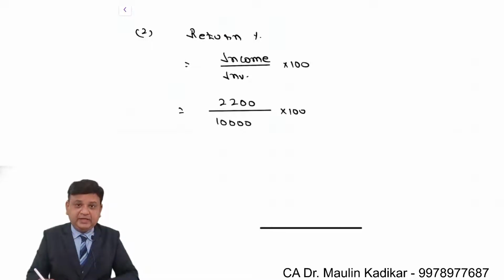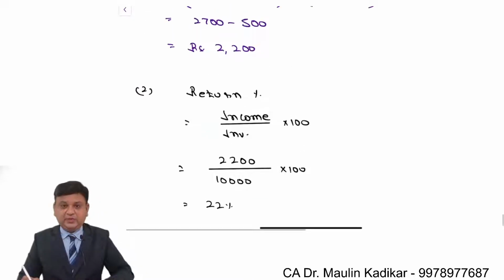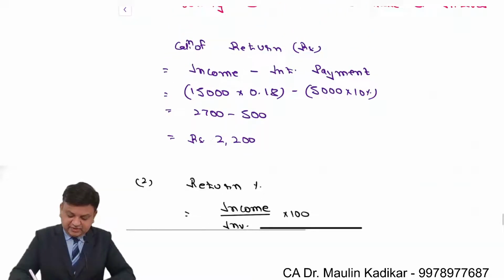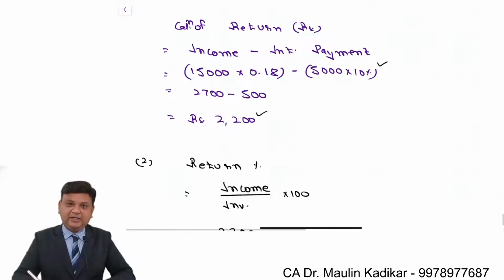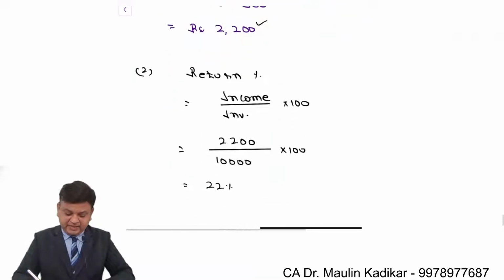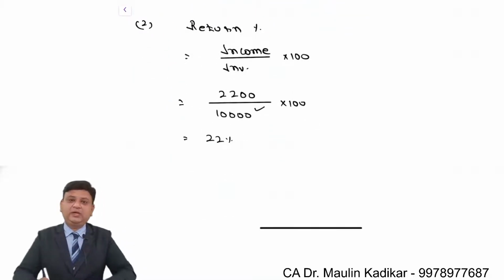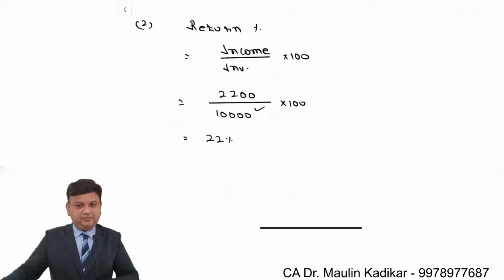Into 100 for getting the answer in percentage term, and that comes to 22 percent. Importantly, friends, understand that we already have considered the payment of the financial charges on the borrowing of the funds in calculation of the net income. So as far as the investment is concerned, the investment will be taken only 10,000 rupees. That is the way the return will be calculated.